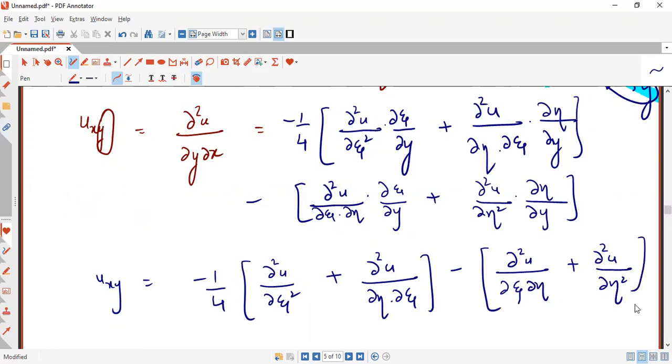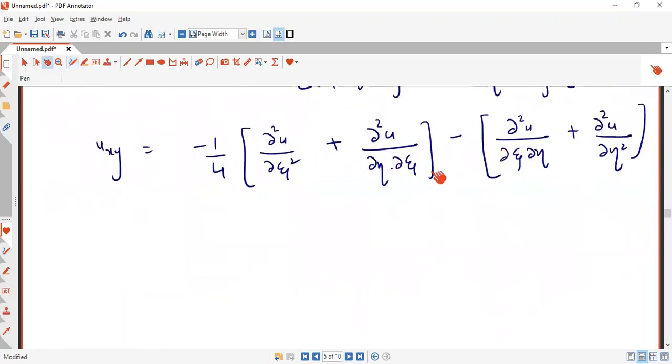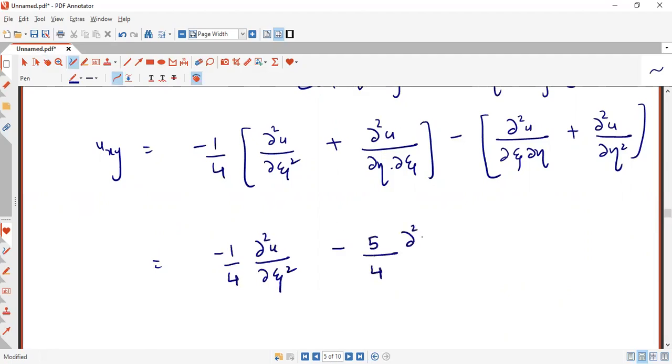So here we have reached. Now open the bracket and solve. We are getting minus 1 by 4 of ∂²u/∂ξ², minus 1 upon 4 and minus 1 will become minus 5 upon 4 ∂ξ∂η, and minus of ∂²u/∂η². Right? We know uxy.